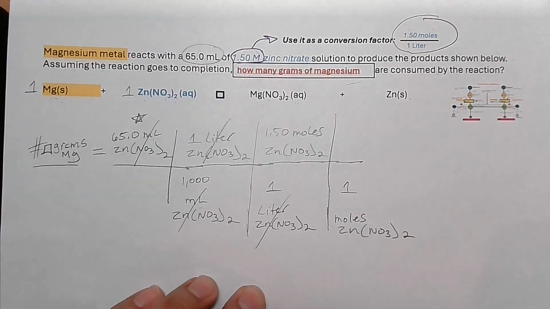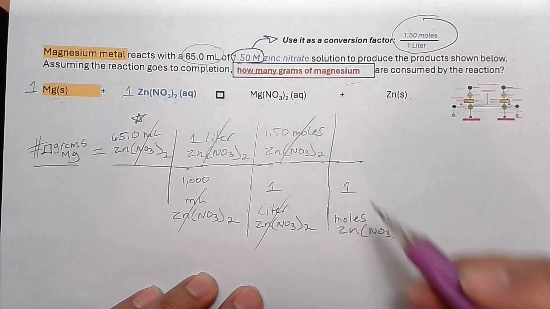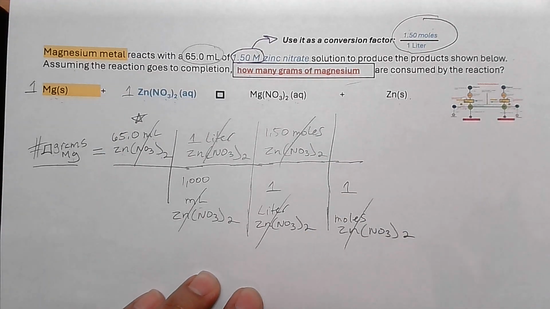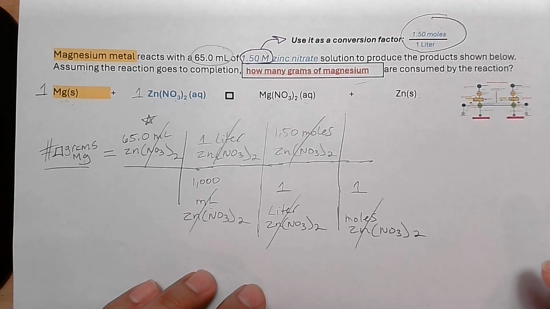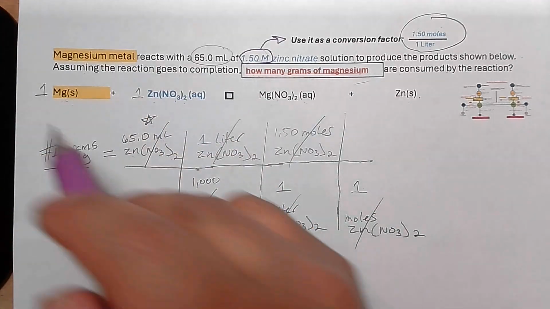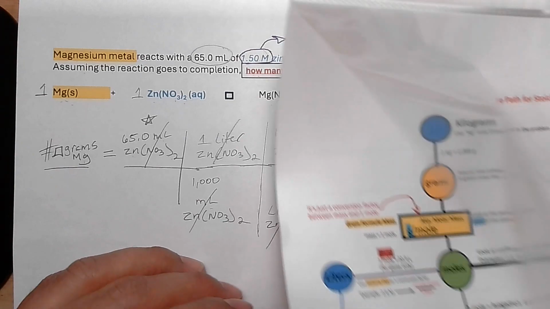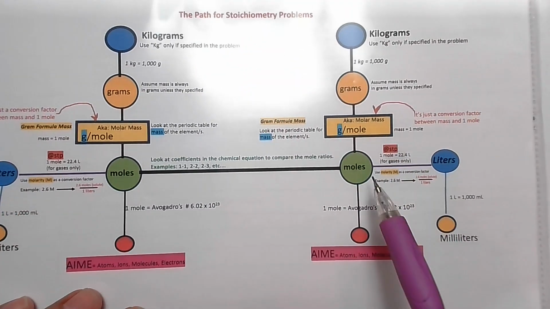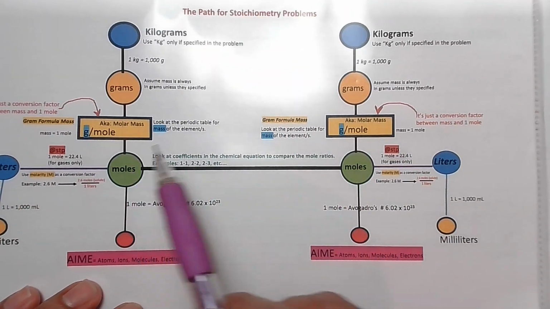And now from there, I can cross out moles of zinc nitrate, because we're done with it. Now, we're comparing the moles of zinc nitrate to the moles of magnesium. So we went from here to here.